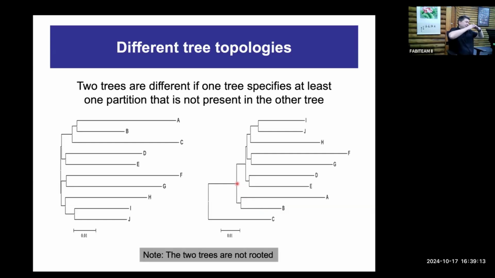I was a bit naughty in the sense that I didn't tell you to just open the tree, because it's a network. So in fact, these two trees are exactly the same. If you look at how they share ancestors or nodes, you will see that it's not like A and I share a node there.